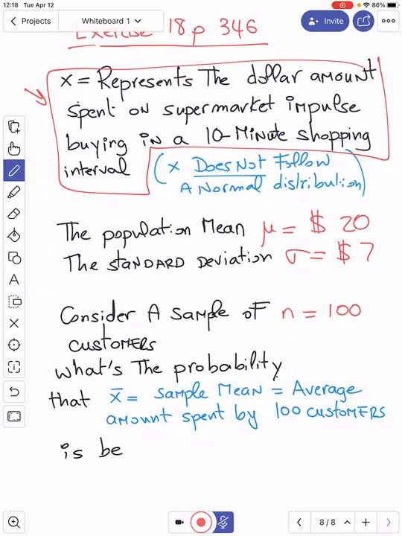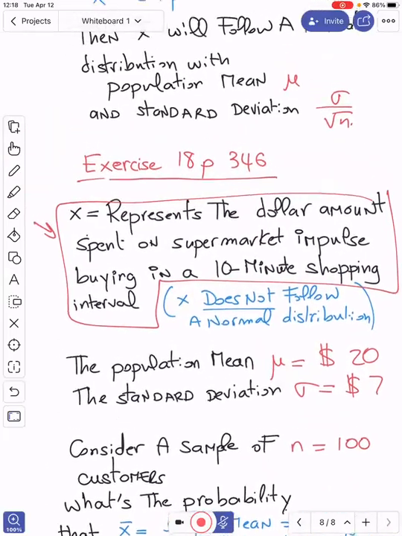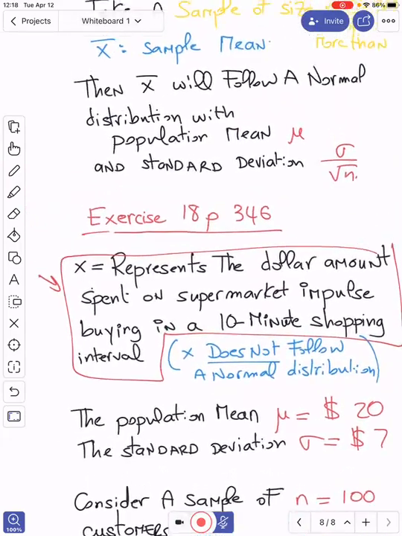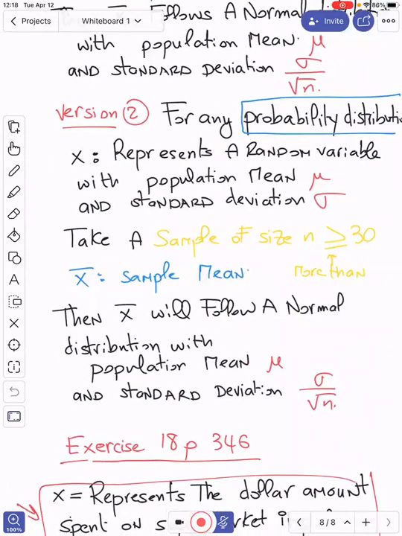So this X bar, you want to find the probability that it is between $18 and $22. As we said, in this case your X doesn't follow a normal distribution, so we need to use version number 2.